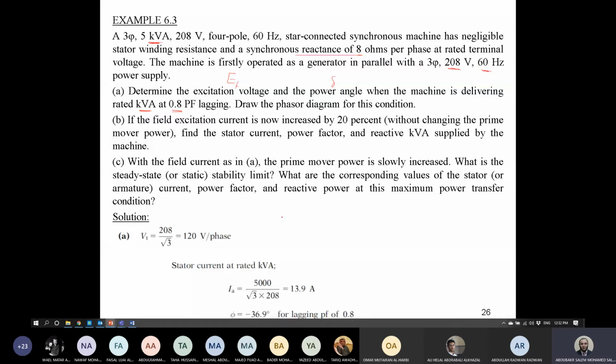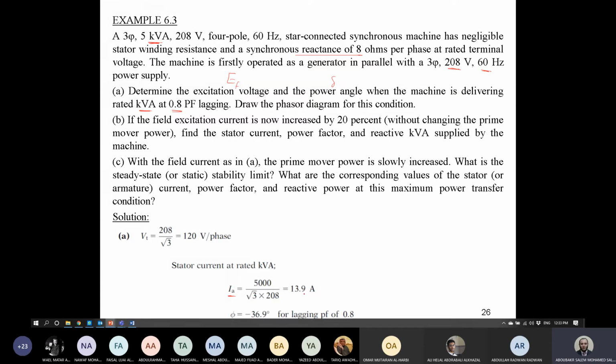In order to calculate EF, we need firstly to get the current. Okay. Of course, it's stated here we are working at rated kVA, so we can use the S rated and get the generated current. We can say IA rated equals S rated over square root of 3 V terminal.